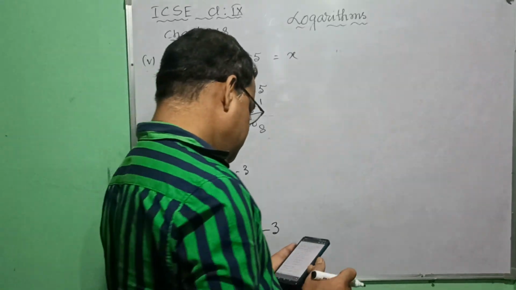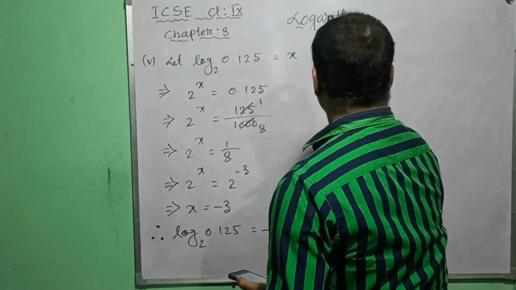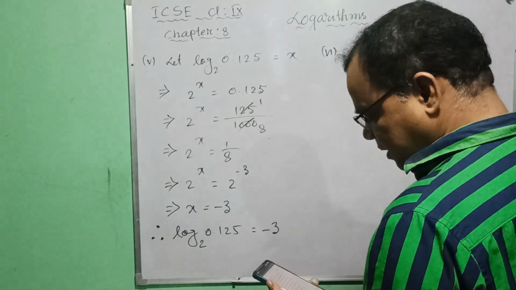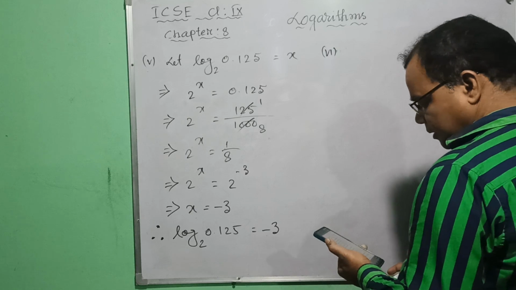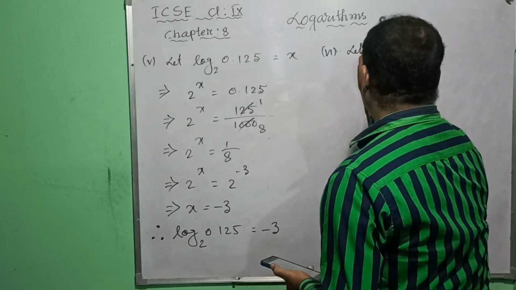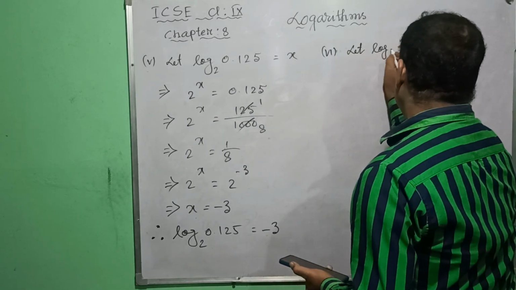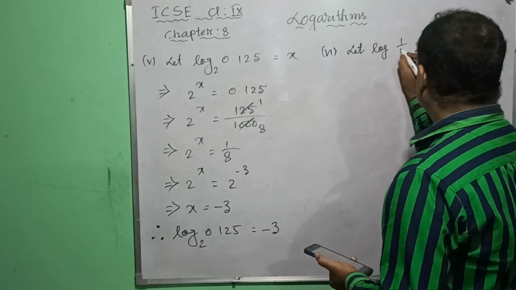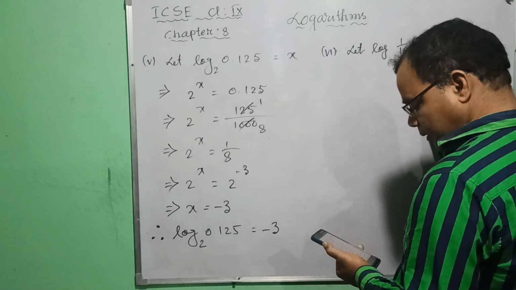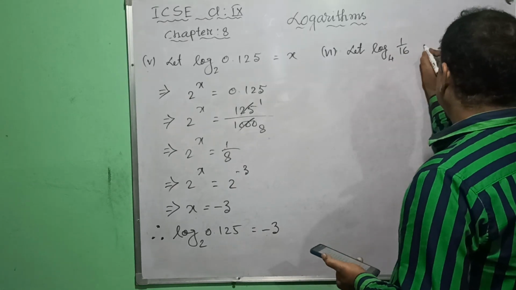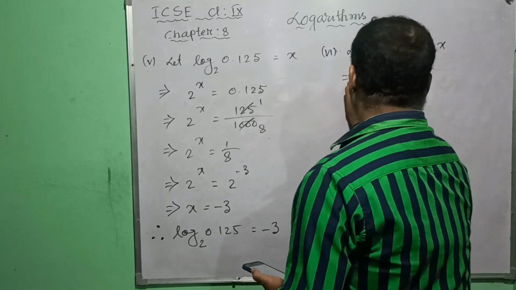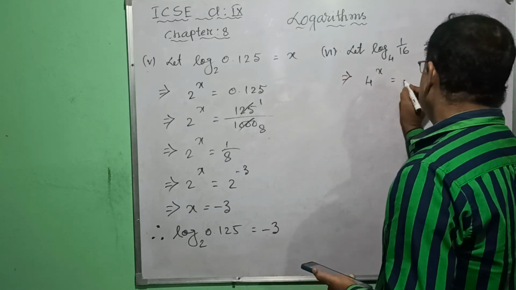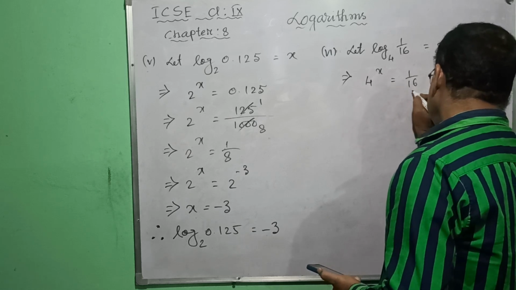Now, question number 6. In 6, it is given log 1 by 16 to the base 4. So we'll write, let log 1 by 16 to the base 4 equal to x. This implies 4 to the power x equal to 1 by 16.